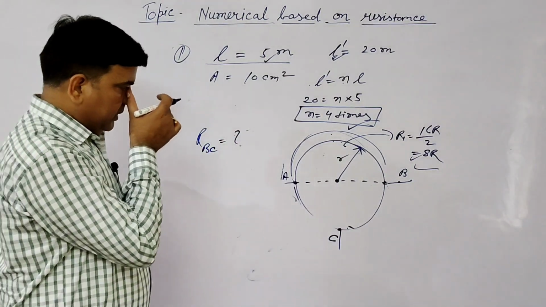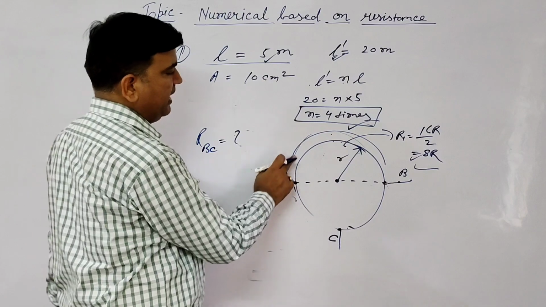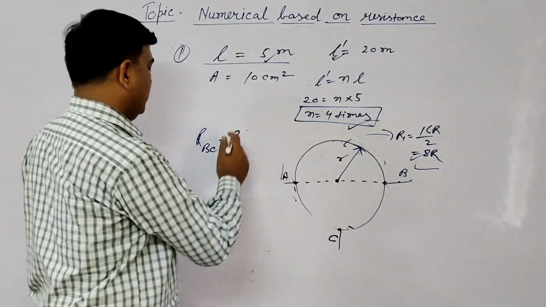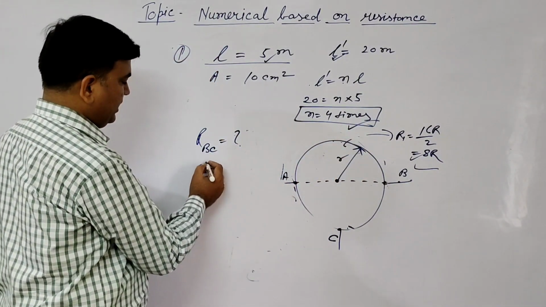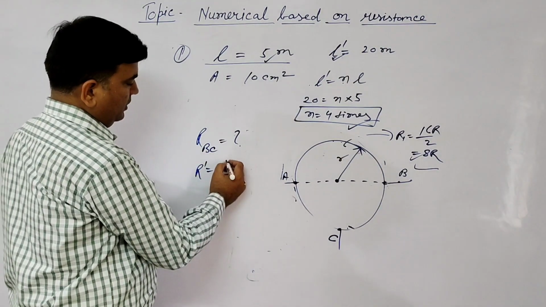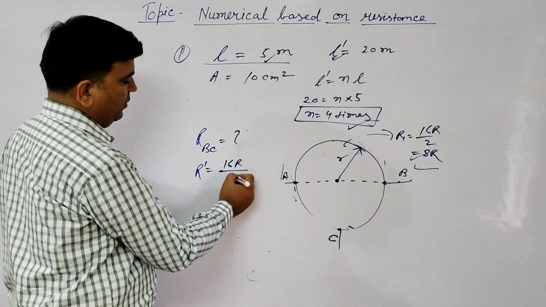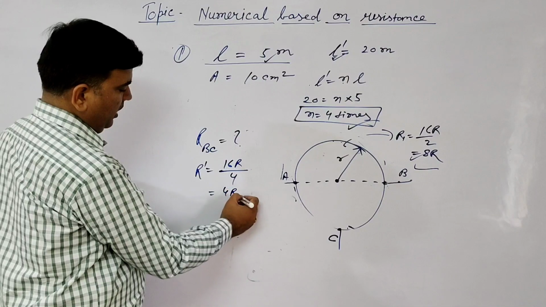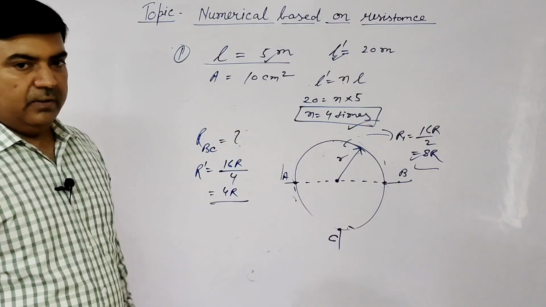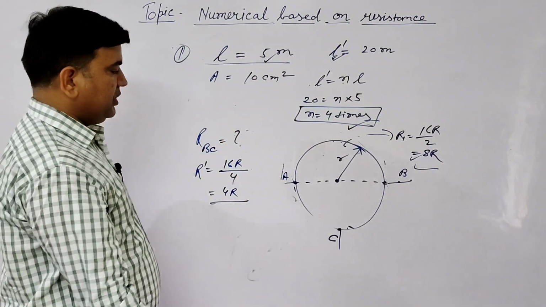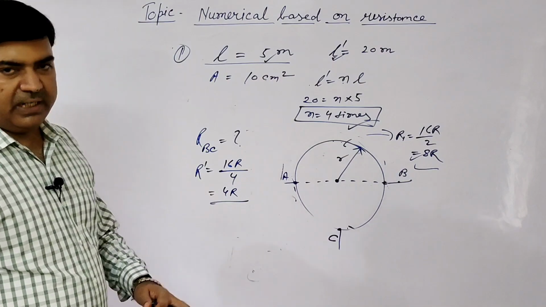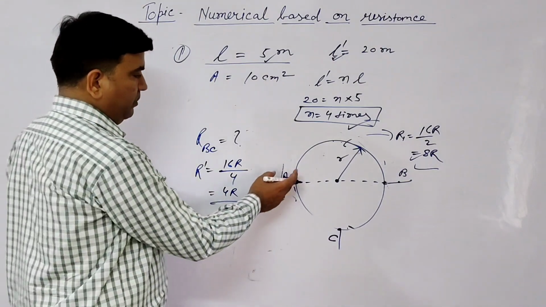So children, you see the resistance wire is divided into 4 equal parts. So one part has a resistance of 16R by 4, and it is equal to 4R. The 4R is the resistance of each part if the resistance wire is divided into 4 pieces.